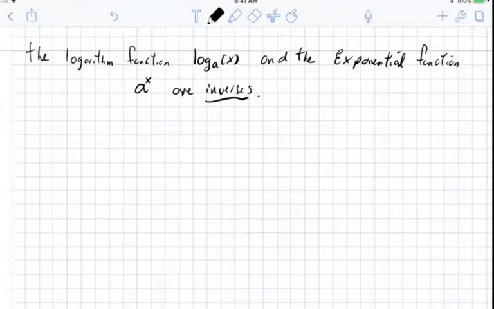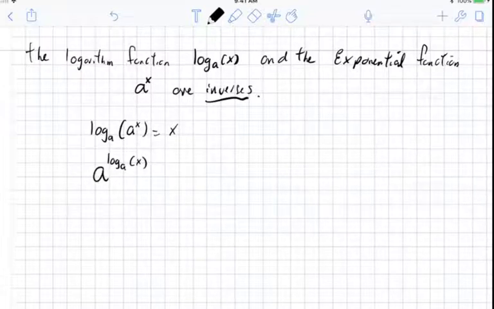And that means that log base a of a to the x is equal to x, but it also means that a to the power log base a of x is equal to x. They're proper inverses.